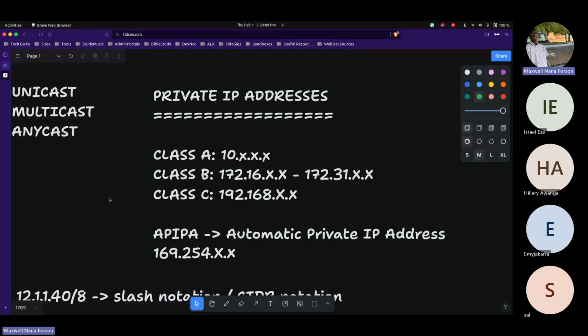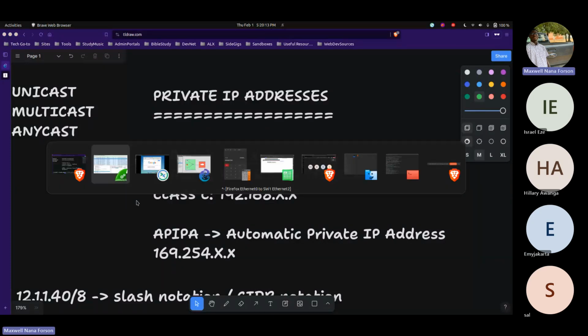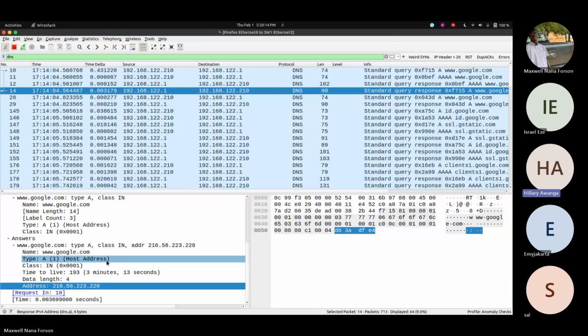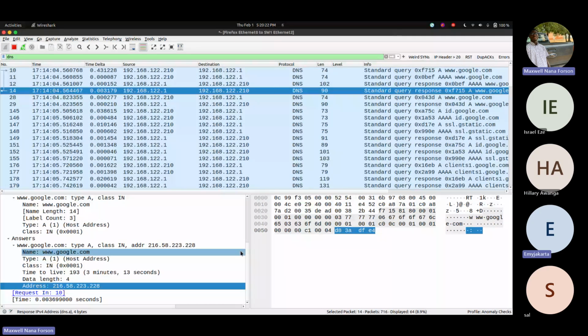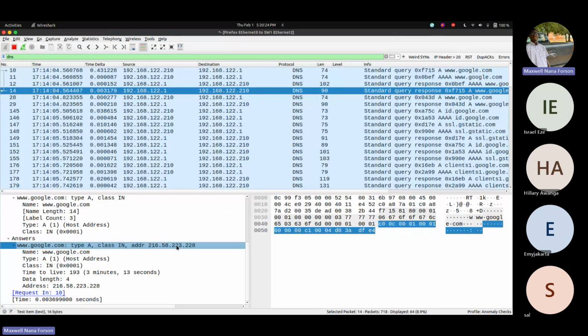So that IP address over there, with what you know now, is it a public or a private IP address? It's a public. Public IP address. Great. So we can see that to go out on the internet, Google is using a public IP address. It's not using one of these 192.168 or any of the private IP addresses that we were talking about.